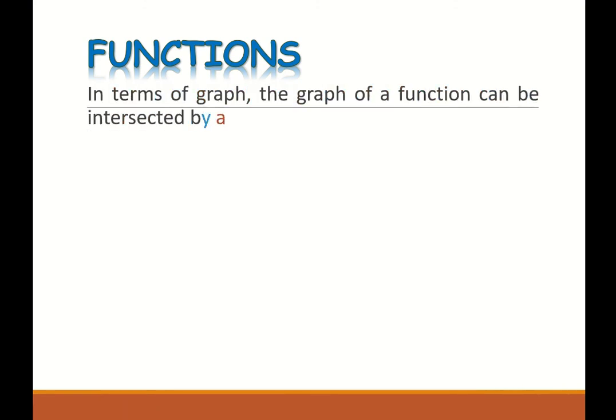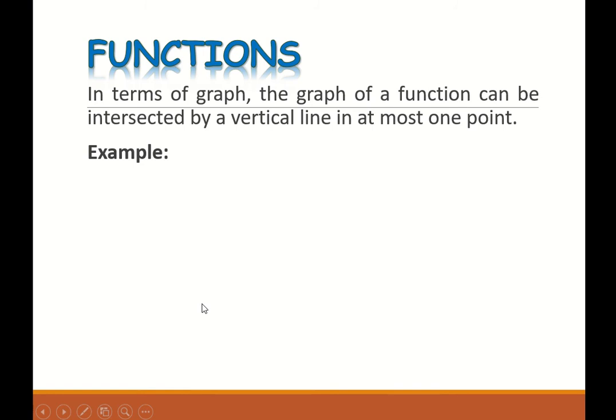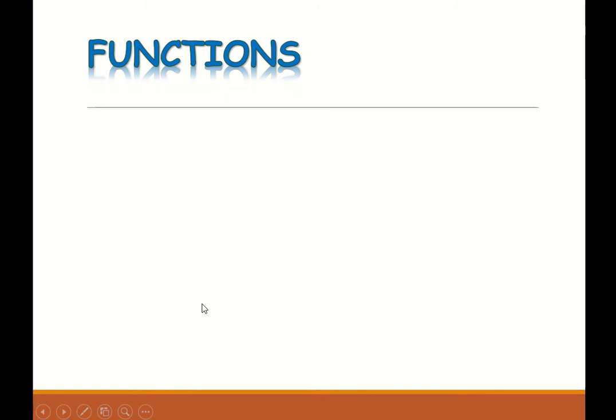In terms of graphs, the graph of a function can be intersected by a vertical line in at most one point. For example, if we are given these two graphs here, to determine whether each of them is a function, we need to use the vertical line test. We just draw a vertical line, hitting at one point every time you draw a line vertically and touch it.